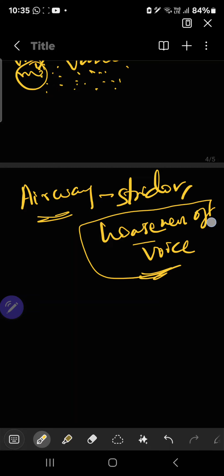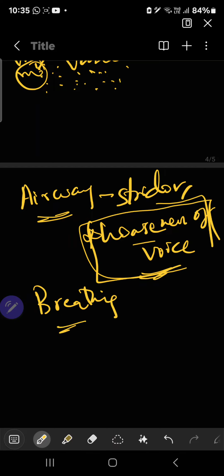Now I will explain the symptoms. First we will take the airway. What happens to the airway? The patient will have stridor and hoarseness of voice. Remember, this is a very important thing, hoarseness of voice. And then we come to breathing.